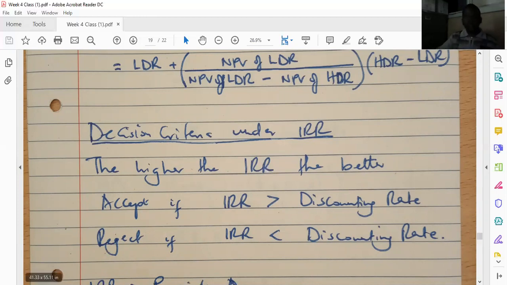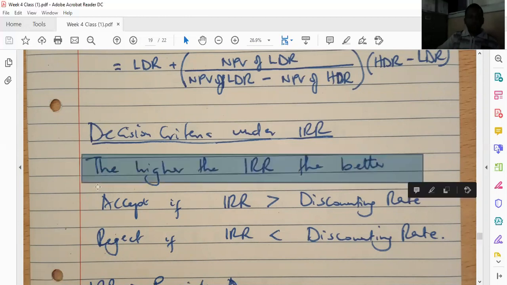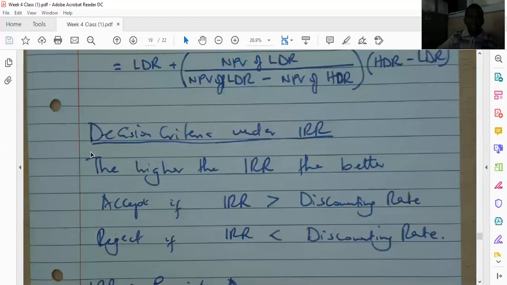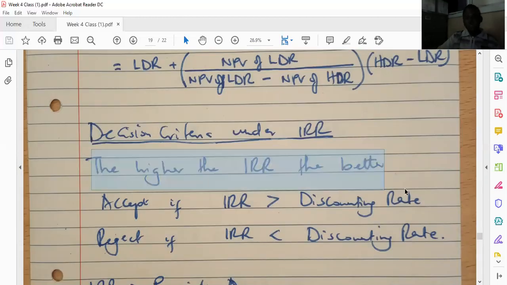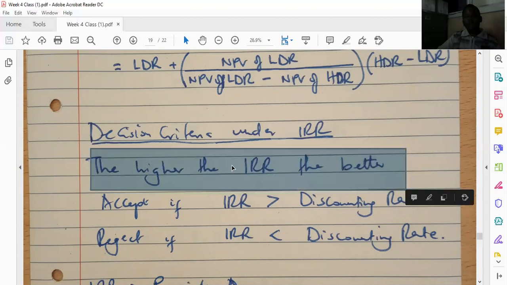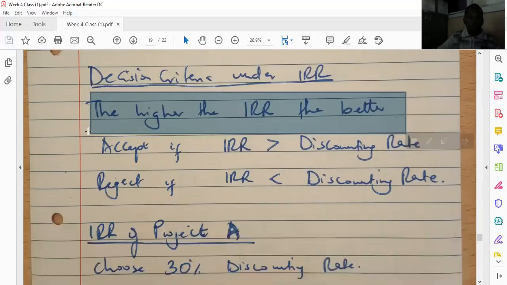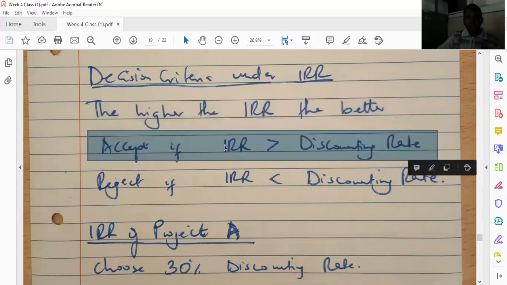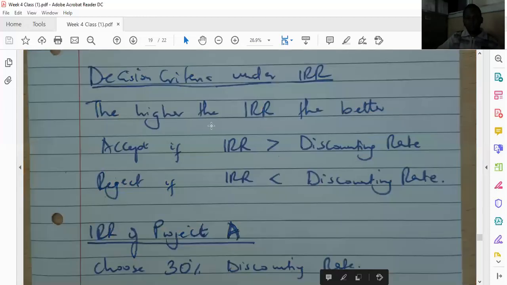So the decision criteria under IRR. With IRR, in case you have many projects, we prefer the projects with the highest internal rate of return. So the higher the IRR, the better. And if we only have one project to consider, we accept the project if the IRR is greater than the discounting rate.